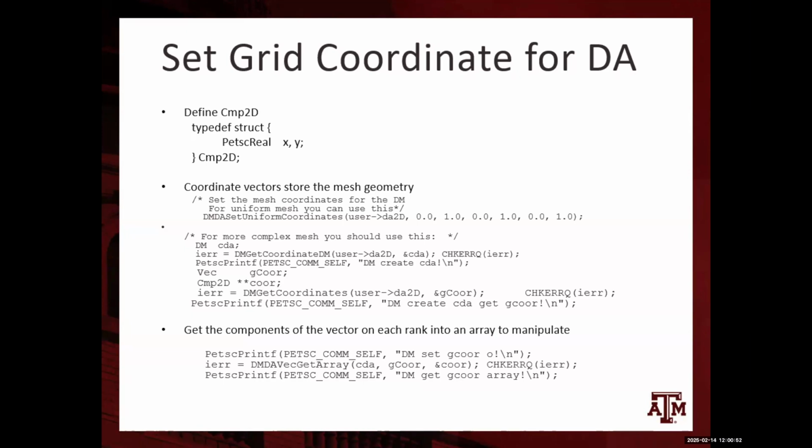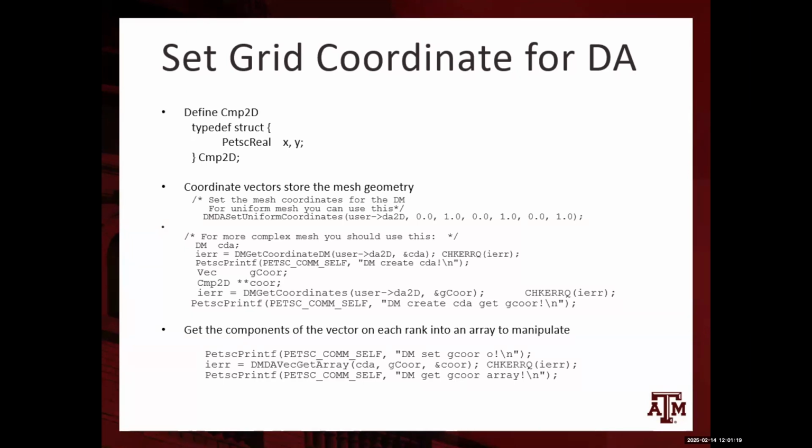Then we're going to create G coordinate. Let's have a 2D array based on this component 2D, and then let's get our coordinates in a vector.